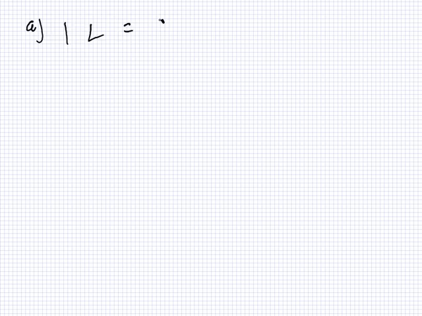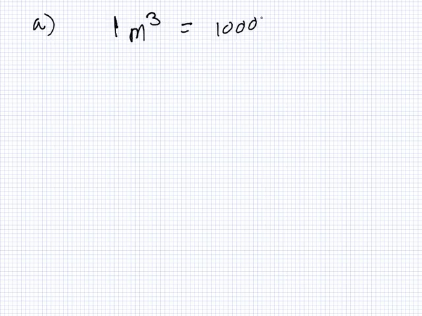So that means if I divide by 1,000, 0.001 meter cubed is a litre. Isn't it? Okay, so 1 litre is 1,000 centimeters cubed as well. Right? Yes, it is. Correct.